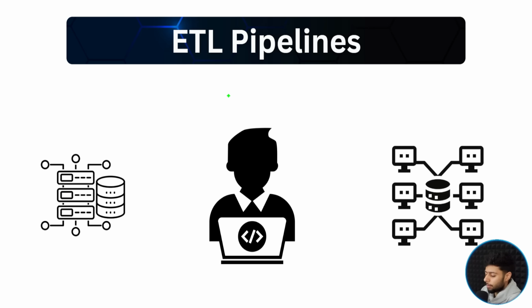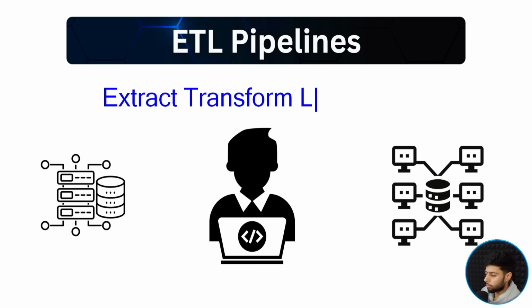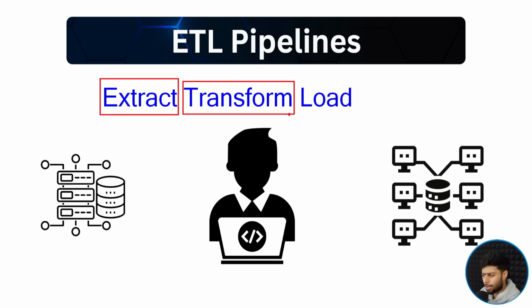It is very simple. An ETL pipeline is just a flow, the path of the journey of your data. ETL stands for extract, transform, load. These are three different steps. First, you extract the data from the source. Then you perform some kind of transformation; let's say you want to clean the data, add some columns, or modify some columns.